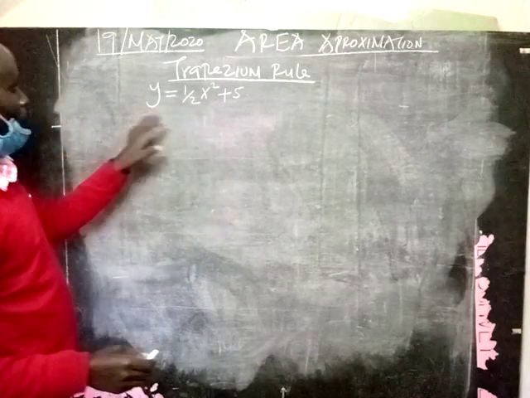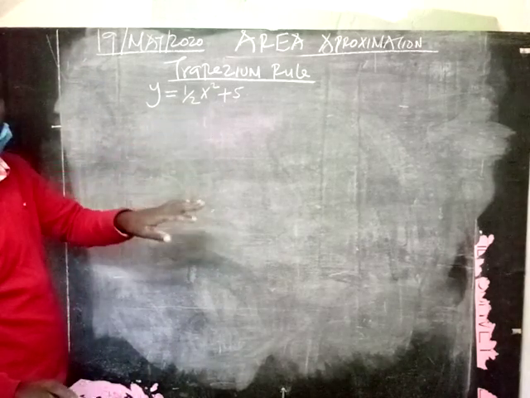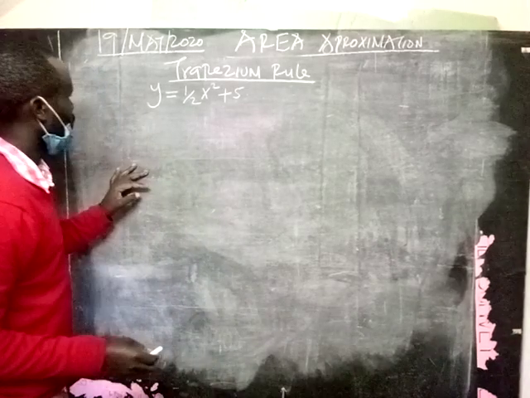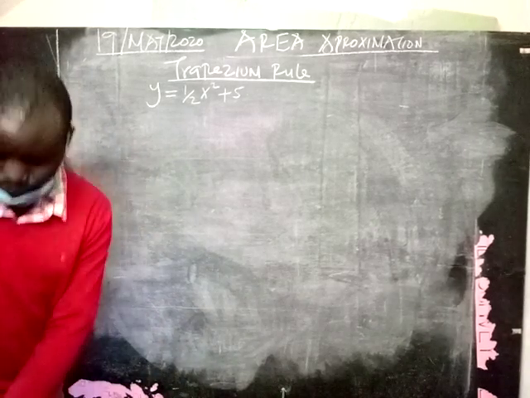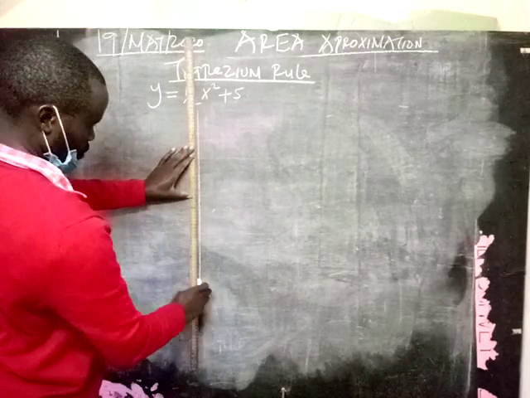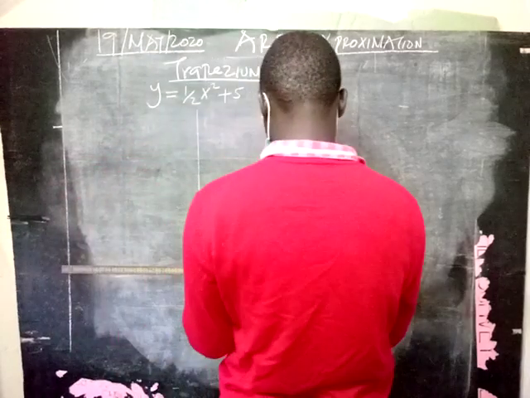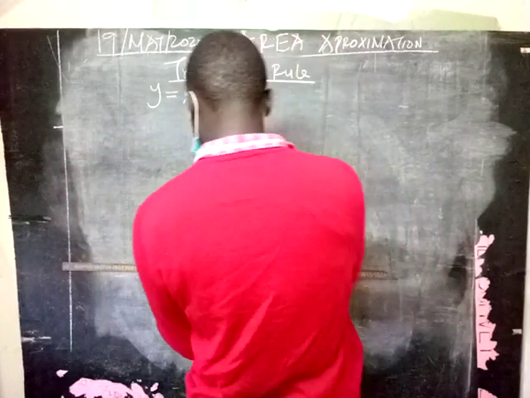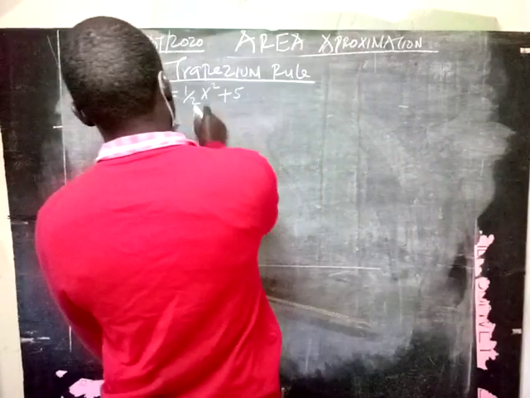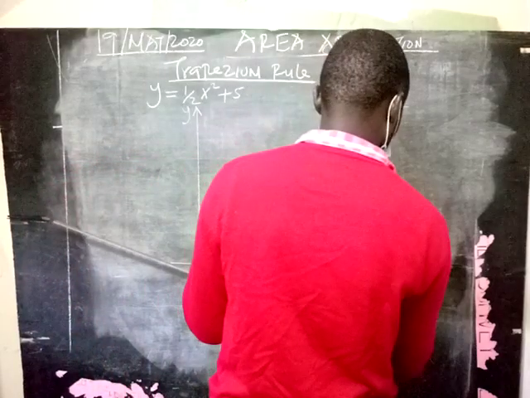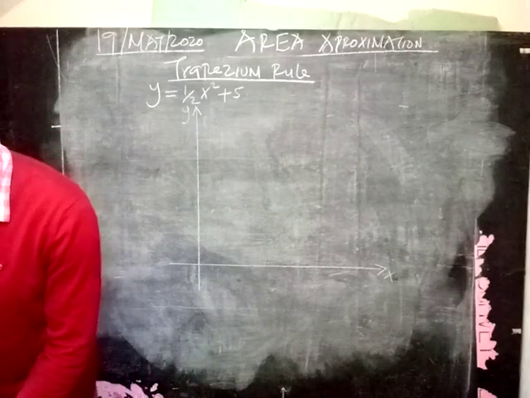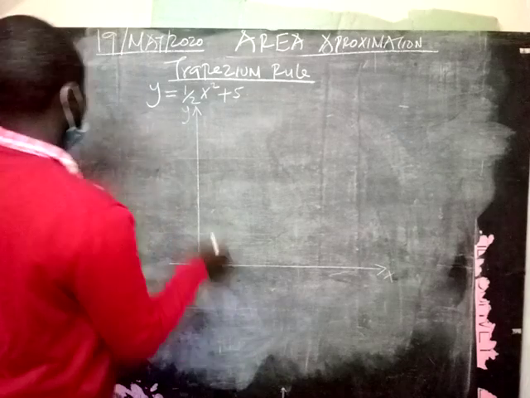So when we want to find the area of this curve, we are going to draw that curve. This one is the y-axis, this one is the x-axis, and here is our table of values.